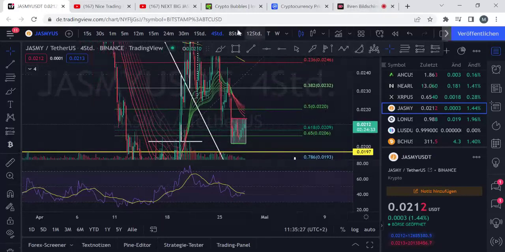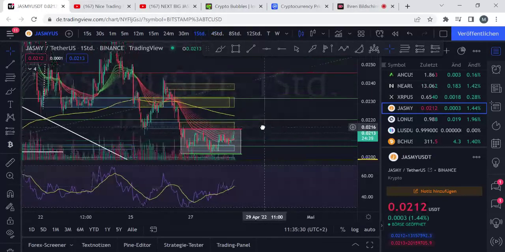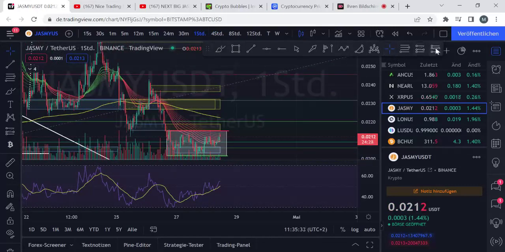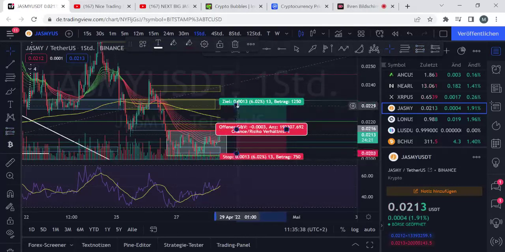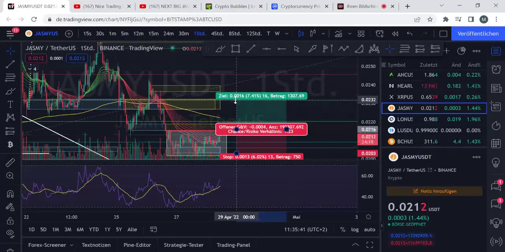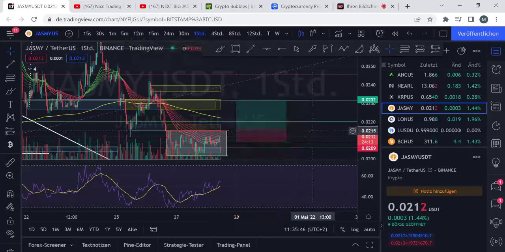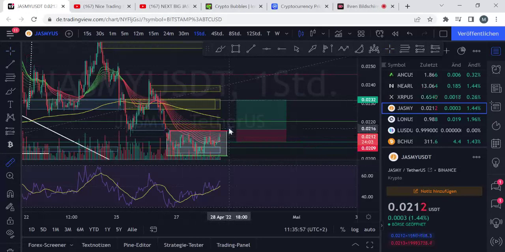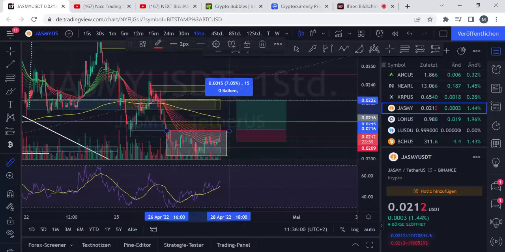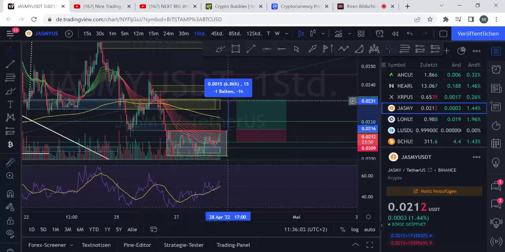So that could be, from the breakout, a good entry for a trade. I would say a price target to the 0.5 Fibonacci level is pretty possible. So therefore, from the breakout, approximately that could be a 6 to 7% gain.